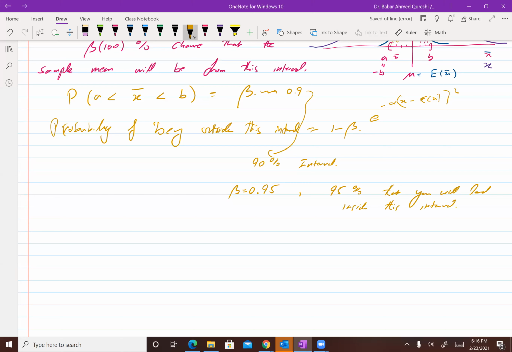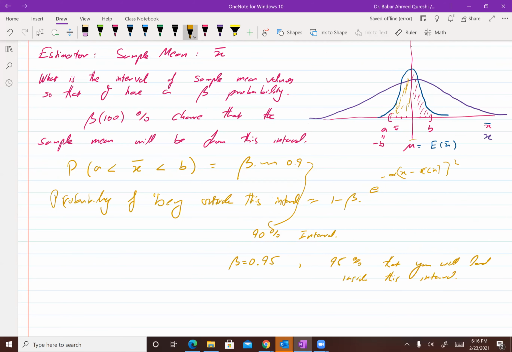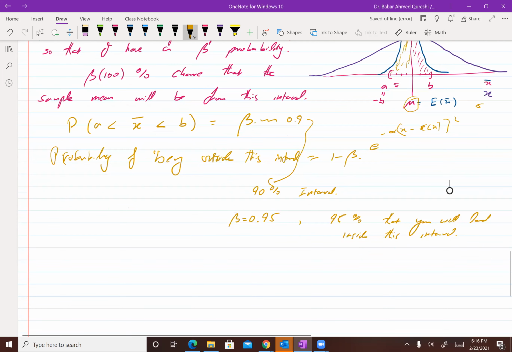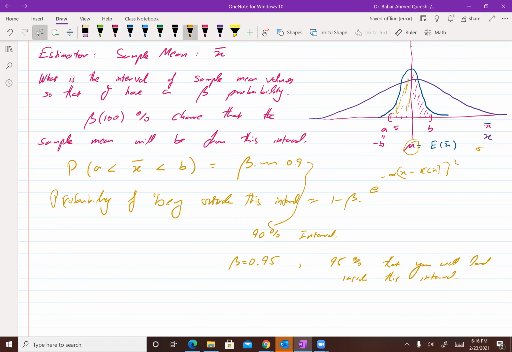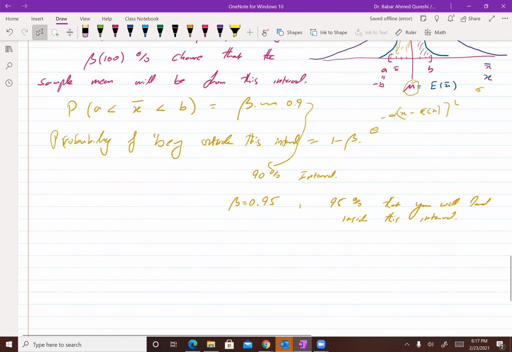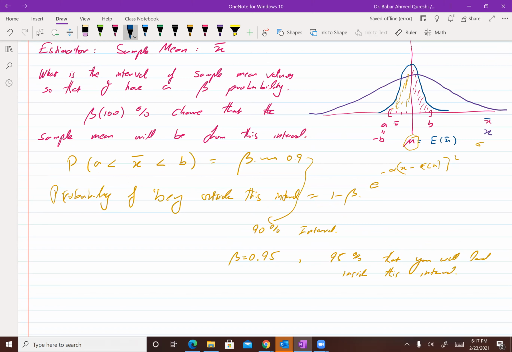If you knew the mean of the population and the standard deviation of the population, then you can easily compute this interval, because you know the standard deviation of this guy.